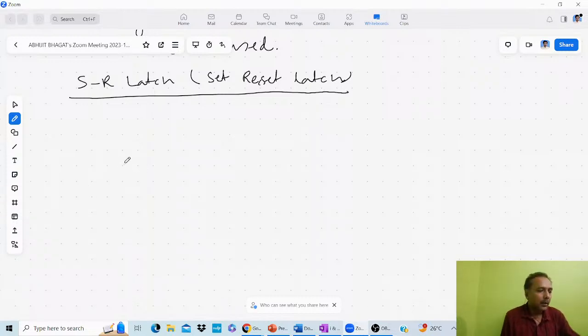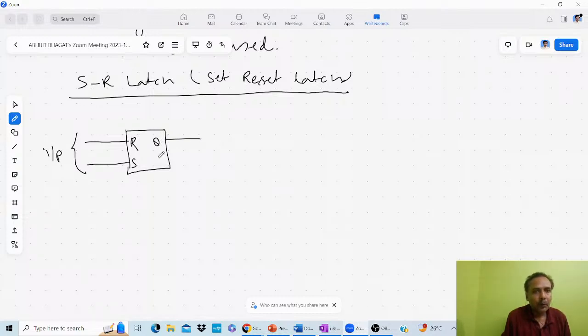First we discuss the block diagram of the SR latch. In case of SR latch, there are two inputs, R and S, on the input side, and two outputs, Q and Q bar.